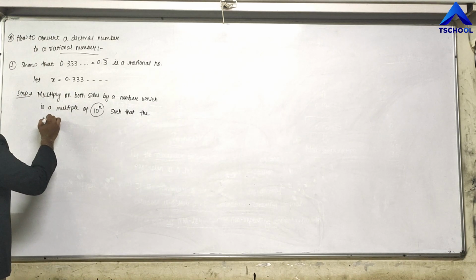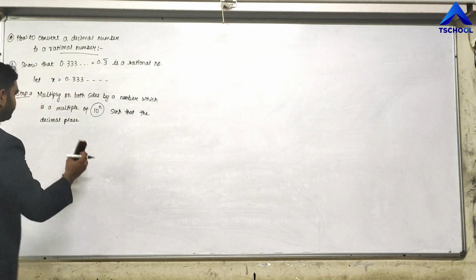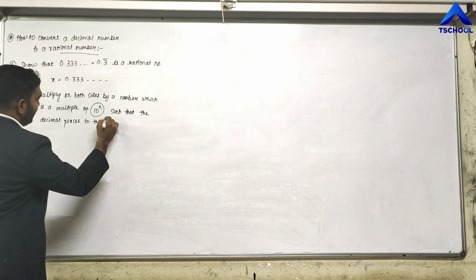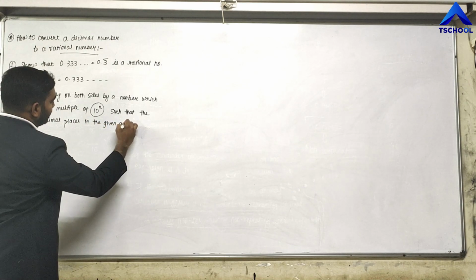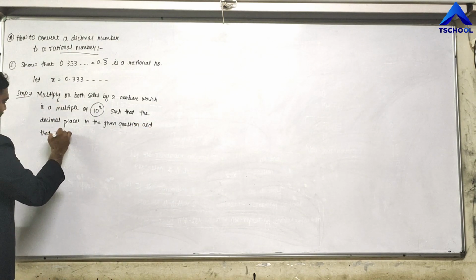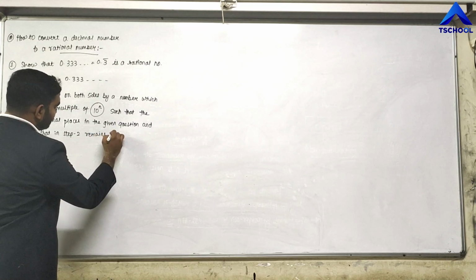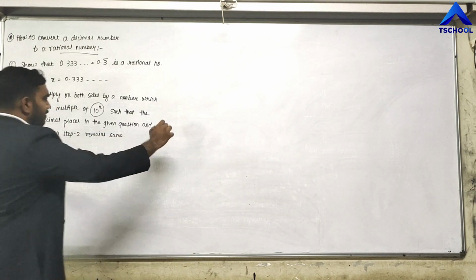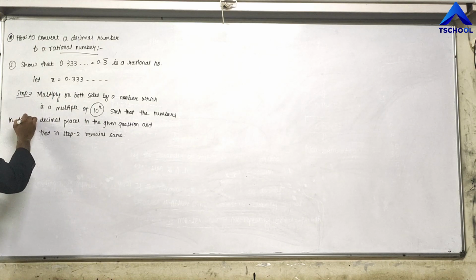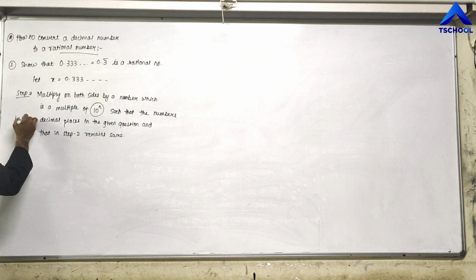the numbers in the decimal places in the given question and that in step number 2 remain the same, right?